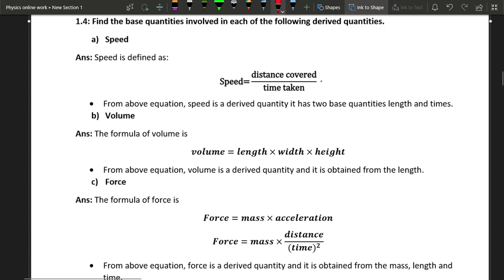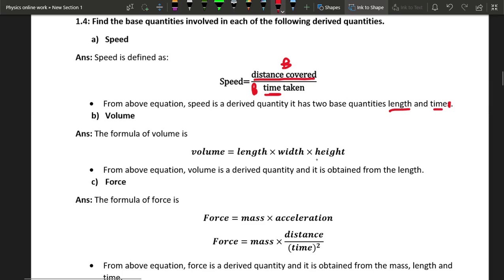Speed is defined as distance divided by time. As we know, distance is a length between 2 points, so it is a base quantity, and similarly time is also a base quantity. So from the above equation we can say speed is a derived quantity and it has two base quantities, length, of course, because distance is the length between 2 points, and time.